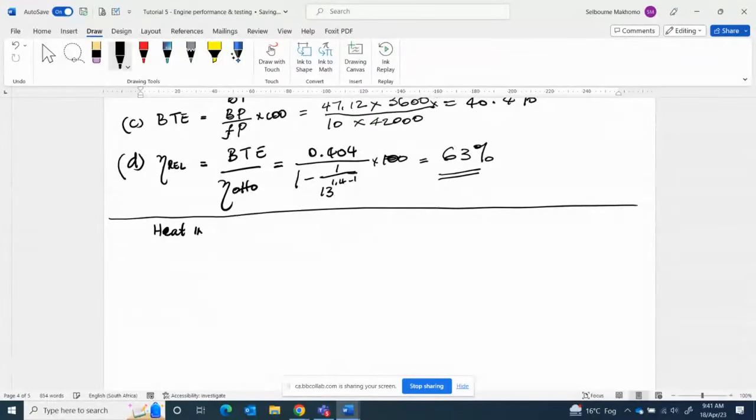Heat in, in kilojoules per minute. The second column, we draw a line, and then we say heat out, in kilojoules per minute. And then here we're going to have a percentage.